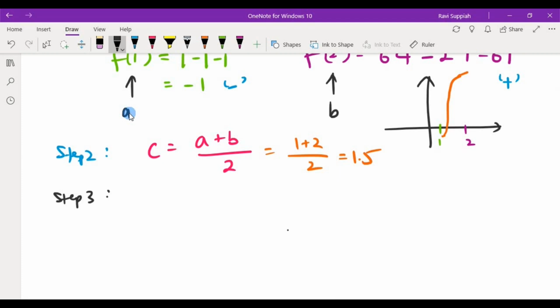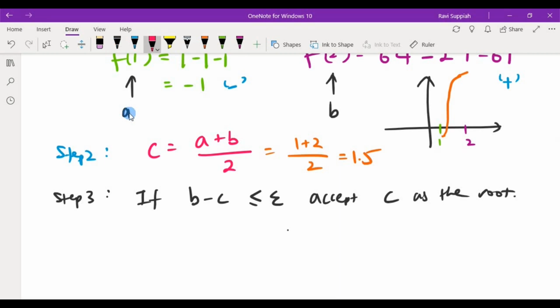In step 3, if b minus c is less than or equal to epsilon, which is the tolerance we are willing to accept, then we accept c as the root and we can stop. If that is not yet the case, that means we still haven't reached the final error tolerance that we can accept, then we need to do one more step, which is to check if f of a times f of c is less than or equal to 0.